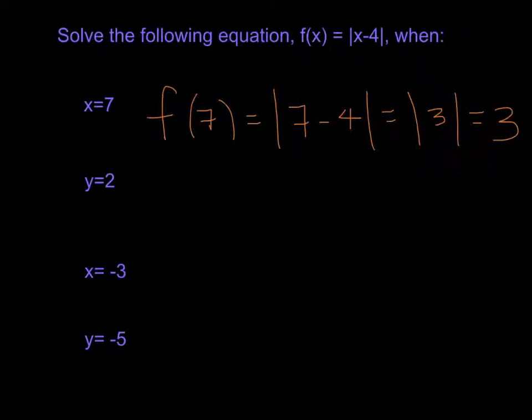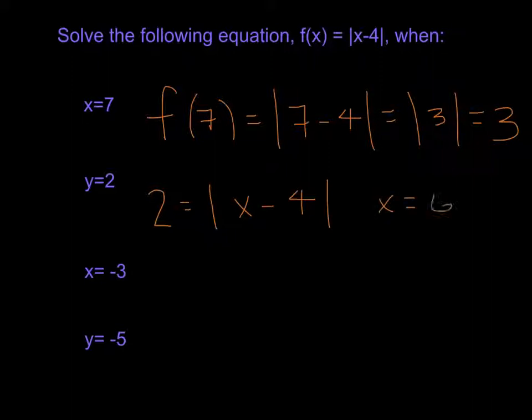The flip side of that is looking at f of x equals the absolute value of x minus 4 when f of x equals 2. So think about what you can plug in for x to get an output of 2. First that comes to mind is 6.